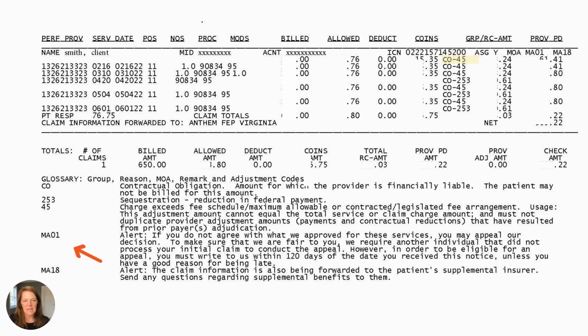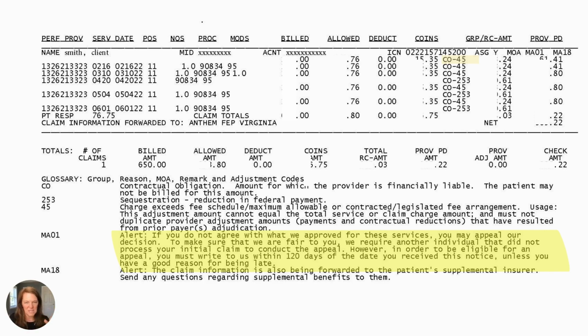MA01, this is basically saying, you'll see different codes, but if you don't agree with this decision, it's telling you the process to appeal it. So they make it pretty easy for you. If you do not agree with what we've approved for these services, you may appeal our decision. To make that fair for you, we require another individual that did not process your initial claim to conduct the appeal, which is great.